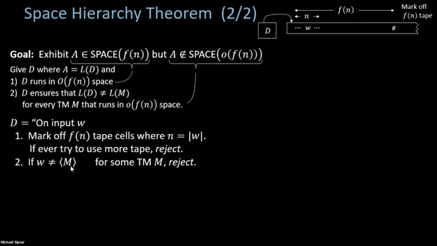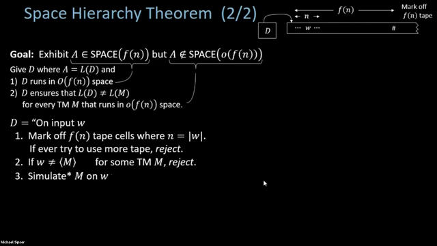And if it turns out that W doesn't describe anything, it's just a junk W, then we're not interested. We're just going to reject on that W. We're only interested in the W's that do describe some machine M. So if W describes some machine M, then we're going to run M on W, and we're going to do the opposite of what M does. That's the whole idea. We're just going to make sure that what we're doing is not the same as what M is doing.